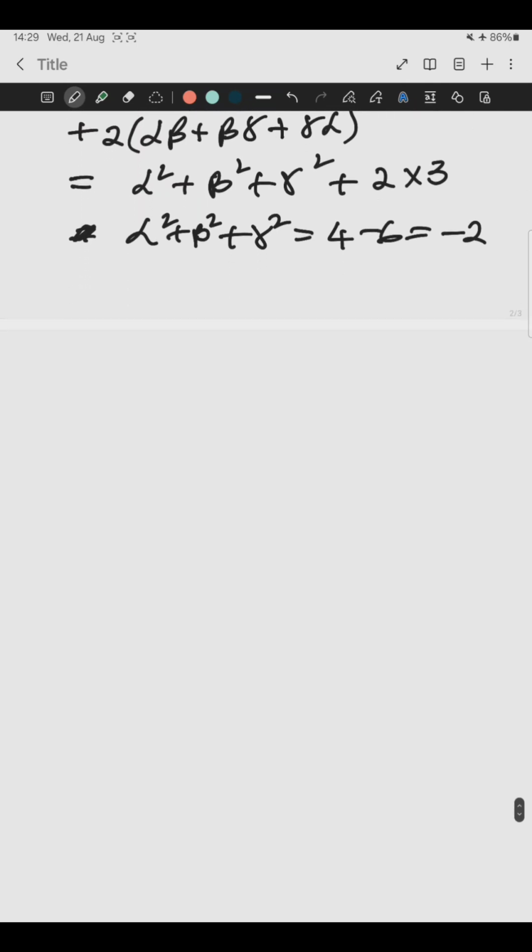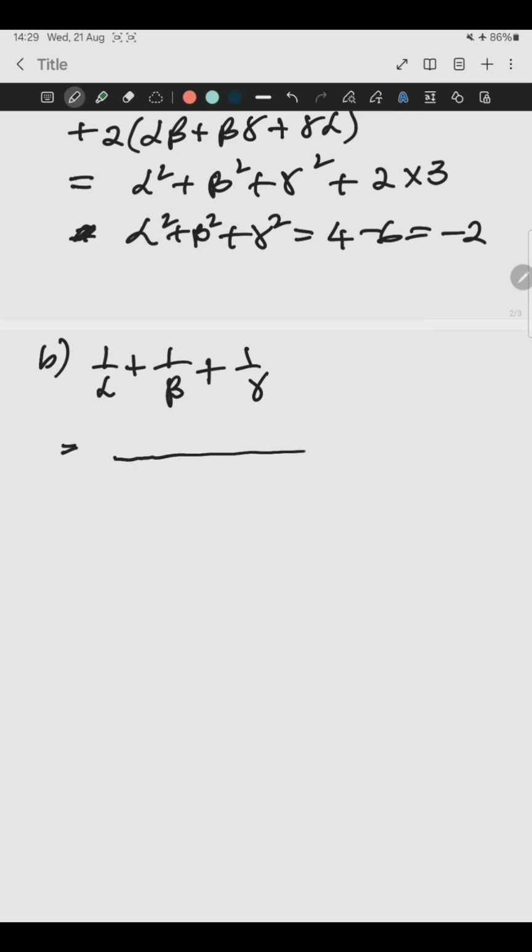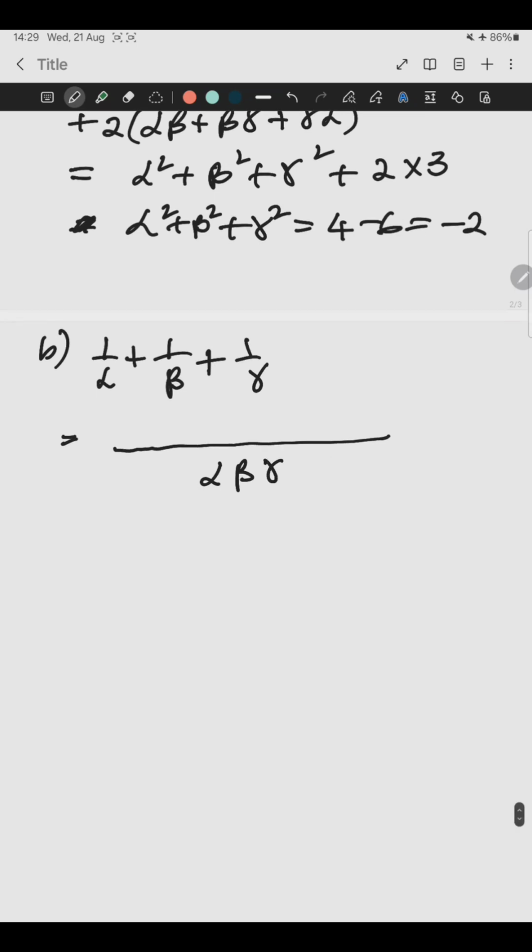Let's move on now to the third part, which was to find the sum of the cubes. I beg your pardon. No, the second part was to find what 1 over alpha plus 1 over beta plus 1 over gamma is. Well, this is quite simple. You just add the fractions together. Common denominator, alpha beta gamma.